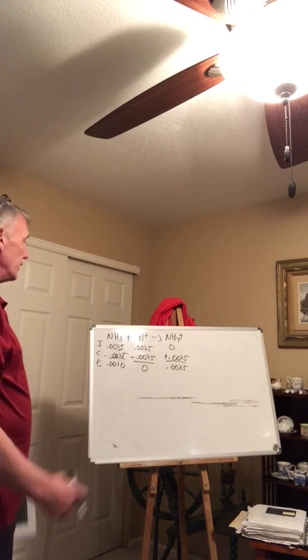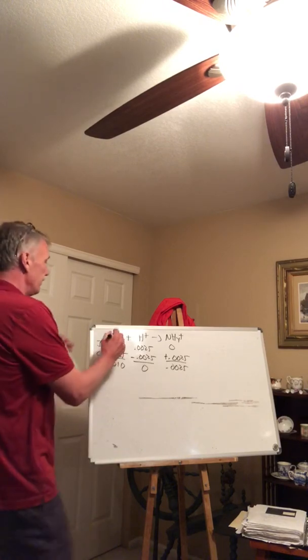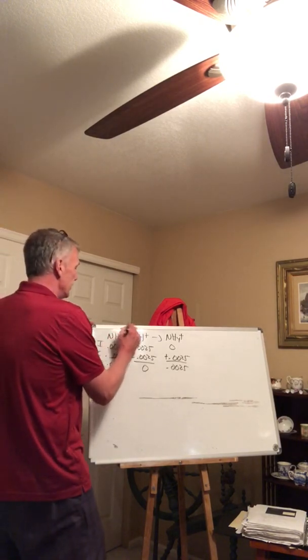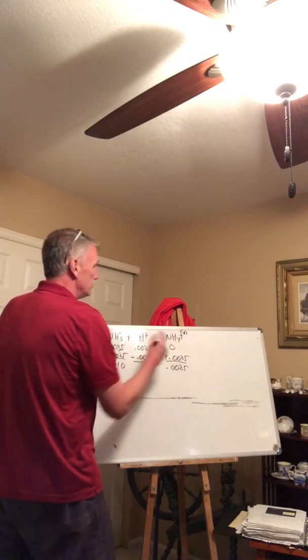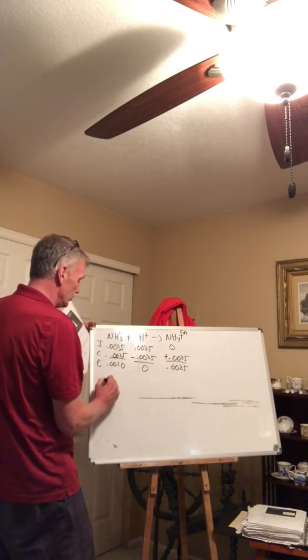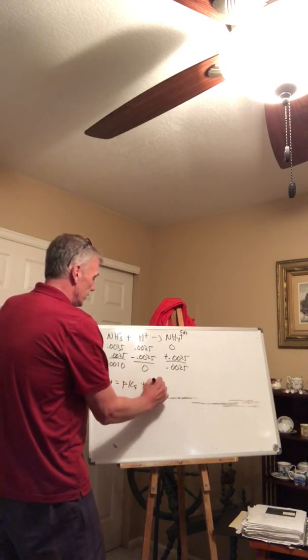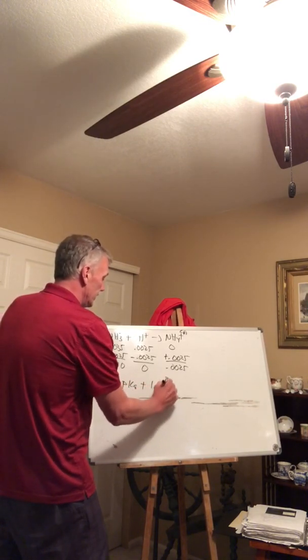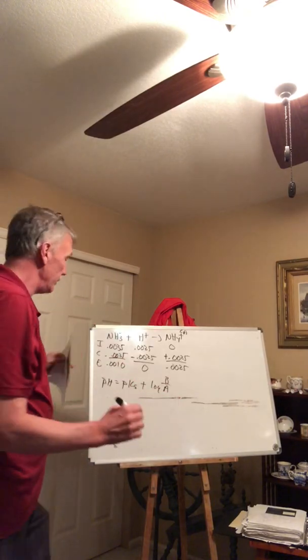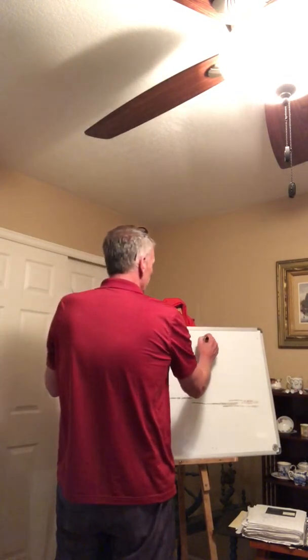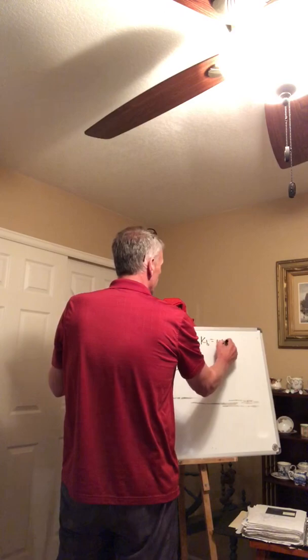In this scenario, this is the best way, because here I have the base and the conjugate acid. The best thing to do to me to solve for pH is to use the Henderson-Hasselbalch equation. But again, you're given the Kb. The Kb is 1.8 times 10 to the negative fifth.